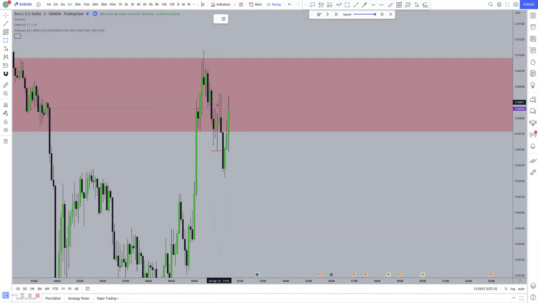However, this candle came to mitigate this order block right here. Okay, so this candle is an order block. This candle right here is also an order block.